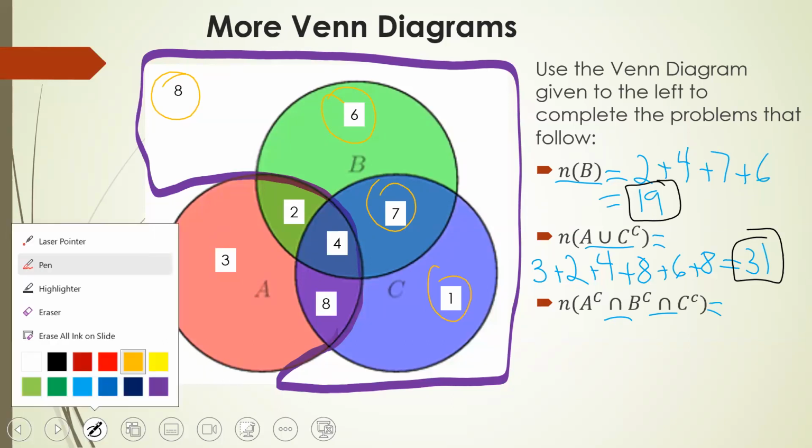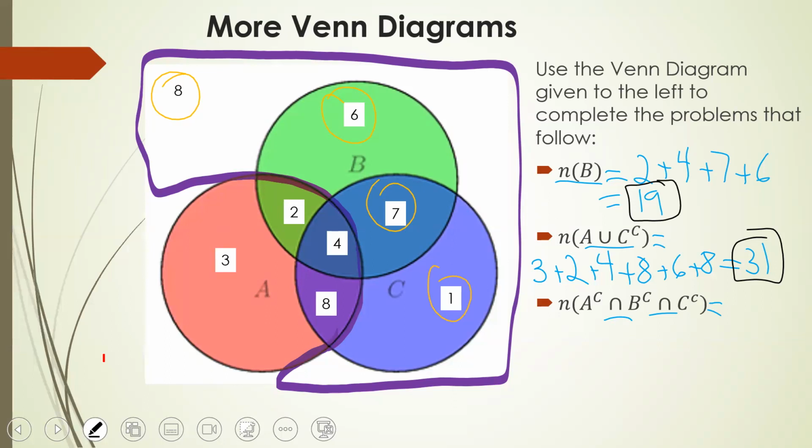For B complement, we will be looking for everything outside of B. So anything that falls outside of this red circle here, which in our case is going to include the 8 in the upper, and I apologize, I realized I just drew that poorly.